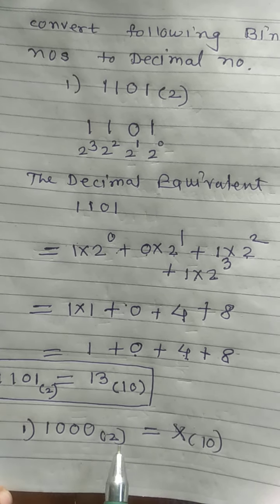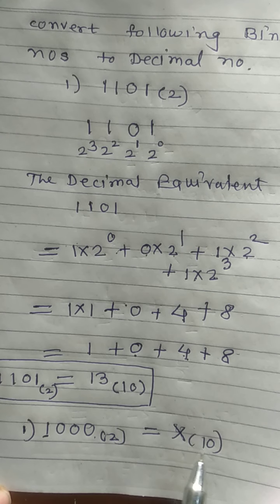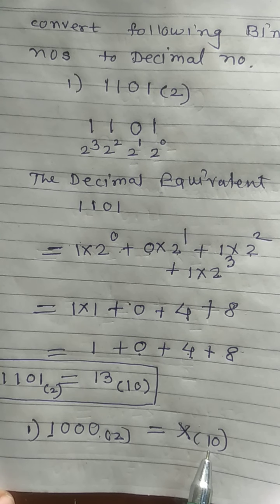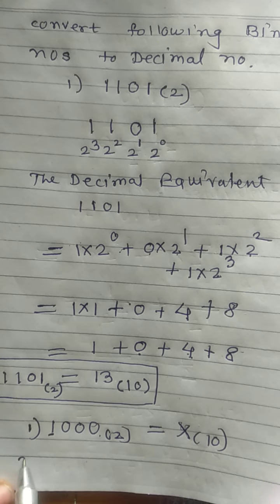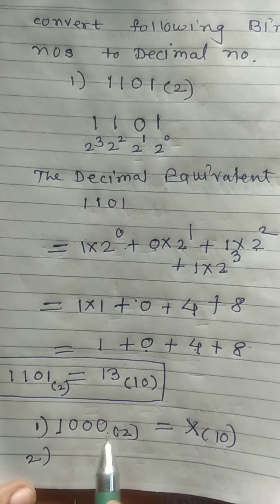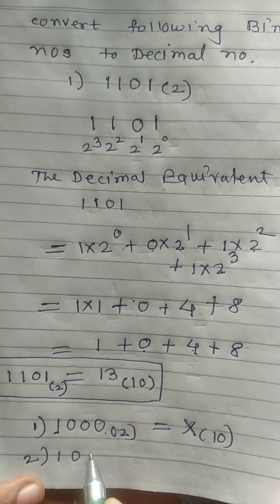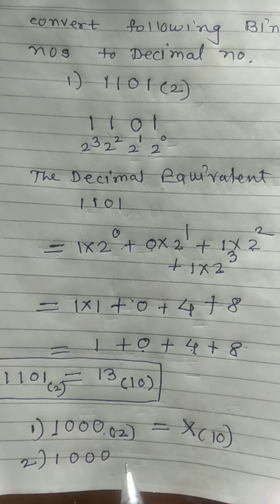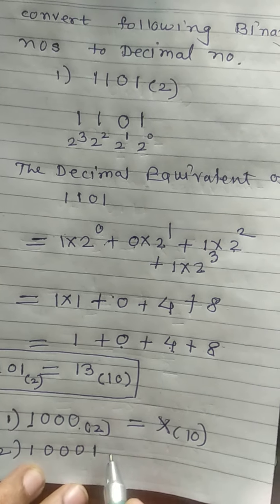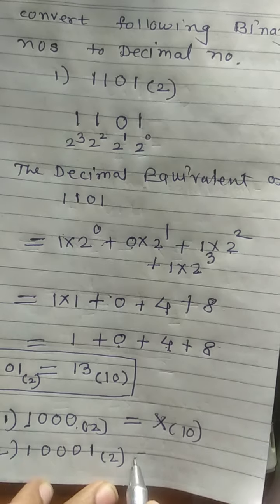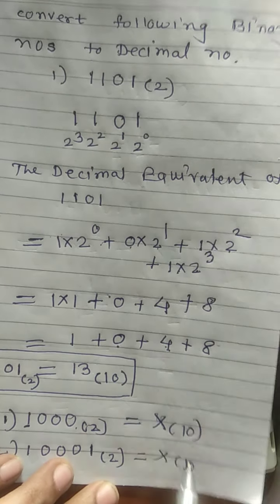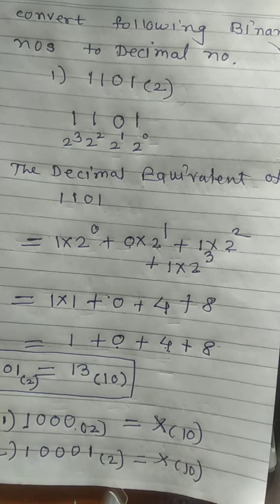It means that you have to convert this binary to decimal which has base 10. Again, second example I will give you to solve will be 1001 base 2 is equal to x base 10. Okay? So these 2 examples you will have to solve at home on your own.